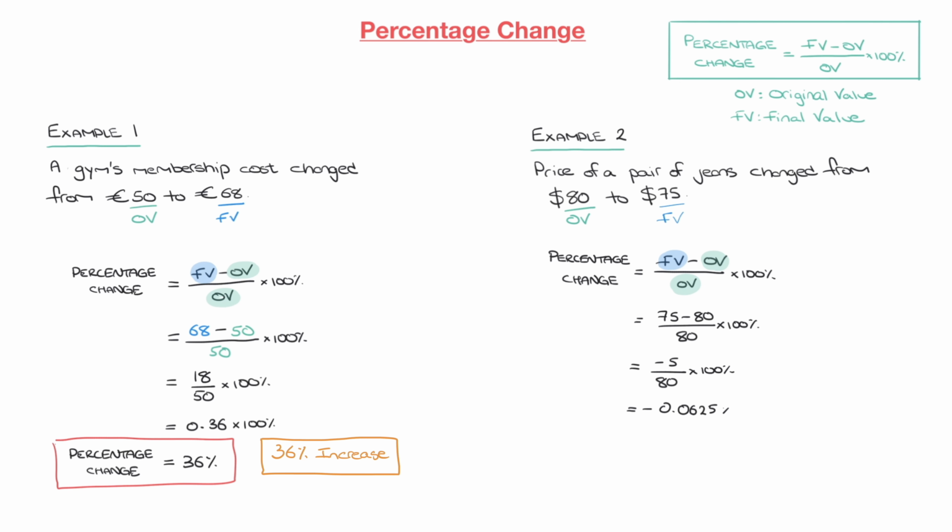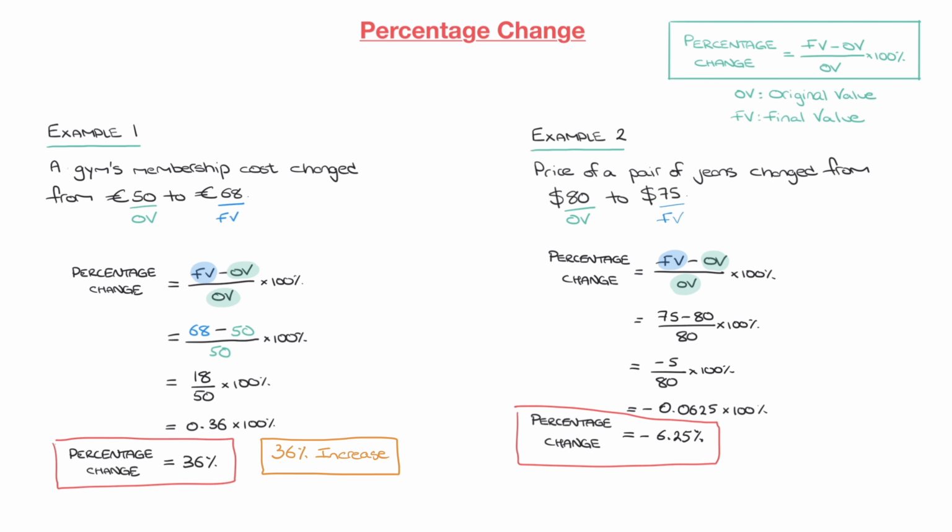And still, we multiply that by 100%. To multiply the 0.0625 by 100, we move all the non-zero digits 2 steps to the left. So this becomes negative 6.25%. And as such, we're done. We could state that the percentage change is equal to negative 6.25%.